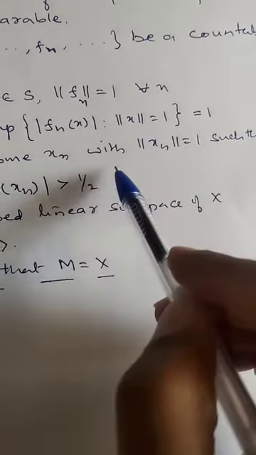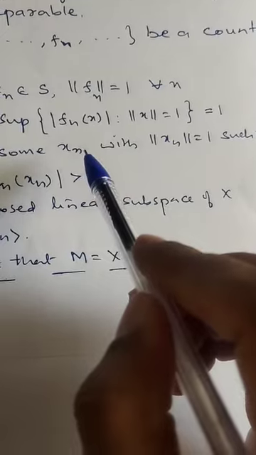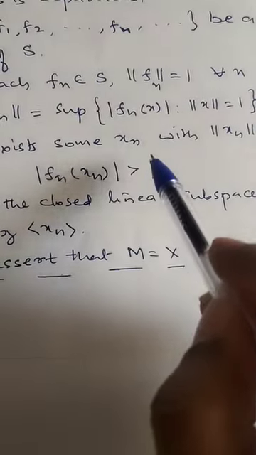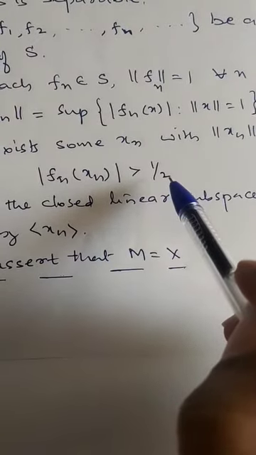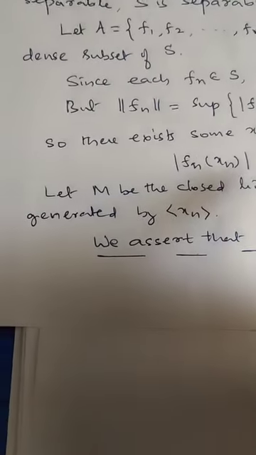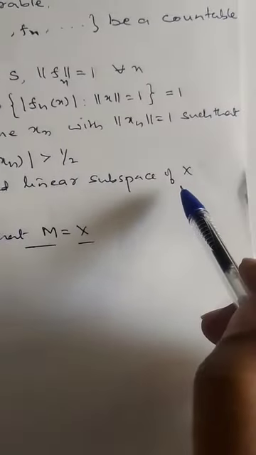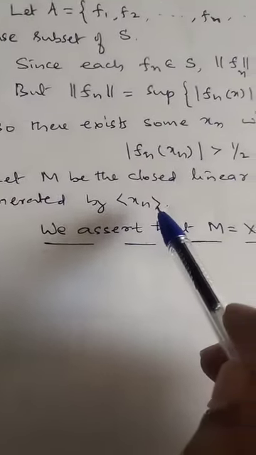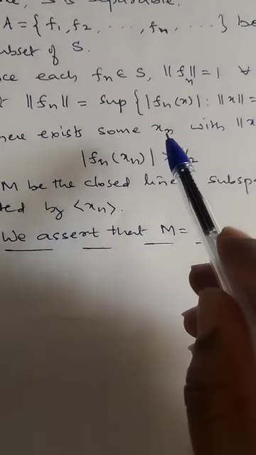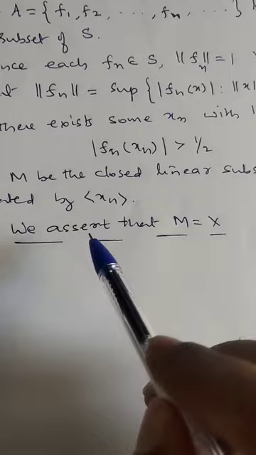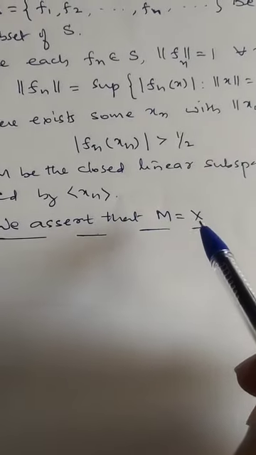Such a choice is always possible. Now I'll let M be the closed linear subspace of X generated by this sequence of vectors xn.